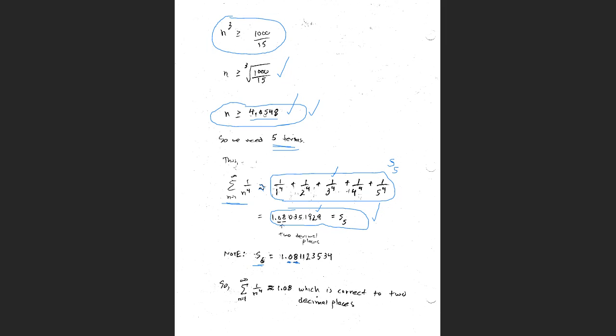So there's no question that 1.08 is the answer. It is our estimate of this infinite series, and that's correct to 2 decimal places. And 1.08 would be what you would put in WebAssign.